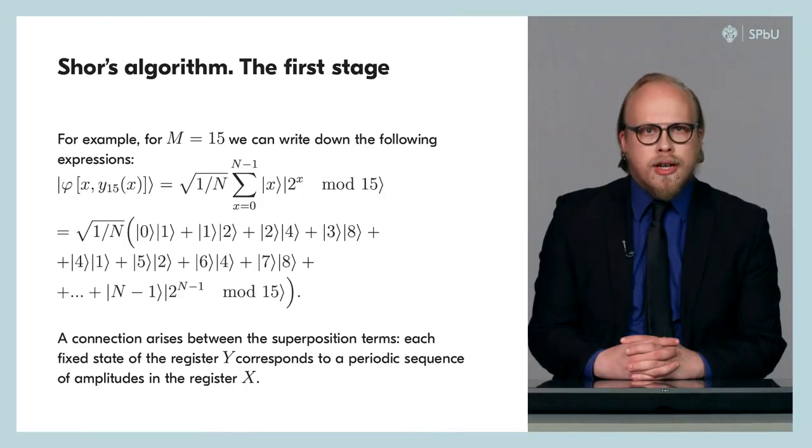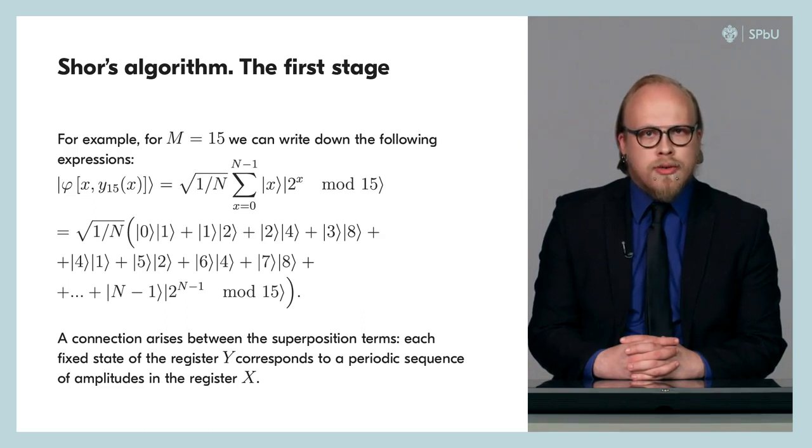To better understand what we have just done, let's consider an example for m equals 15 and the number a equal to 2. That is, when the function ym of x is equal to the remainder of dividing 2 to the power of x by 15. As a result, as we see on the slide, we establish correlations between the terms of the resulting superposition. That is, the values of the second register begin to repeat.